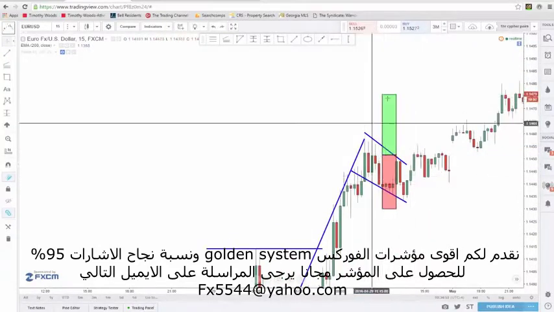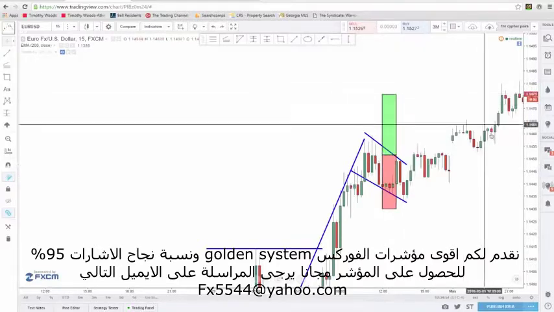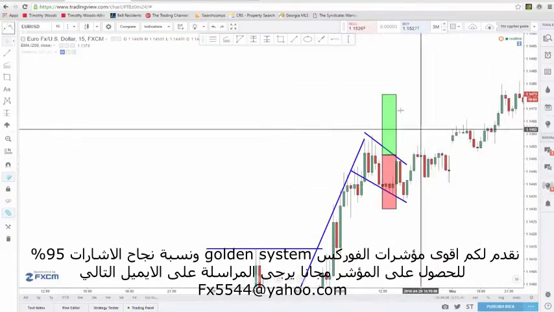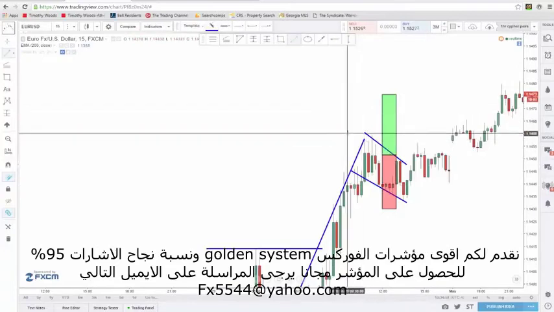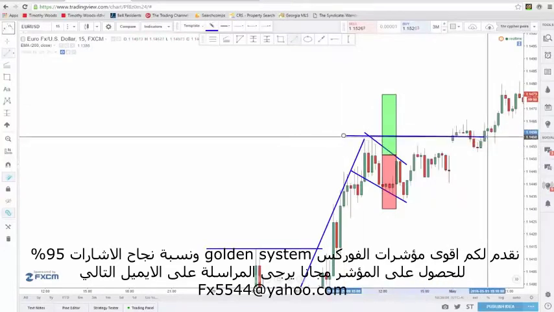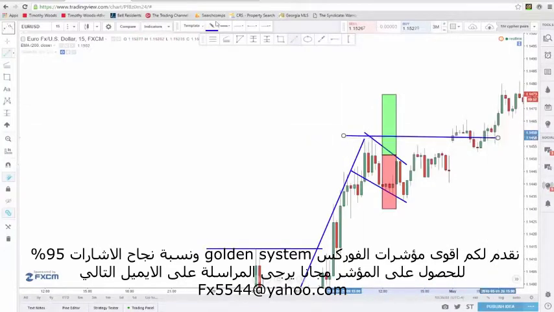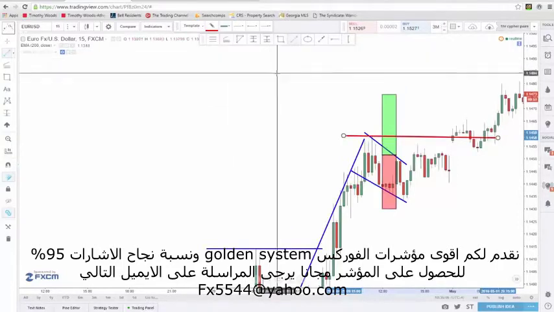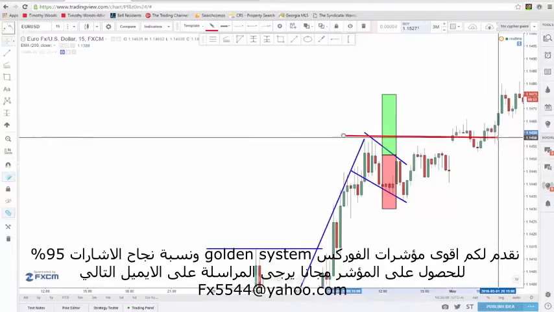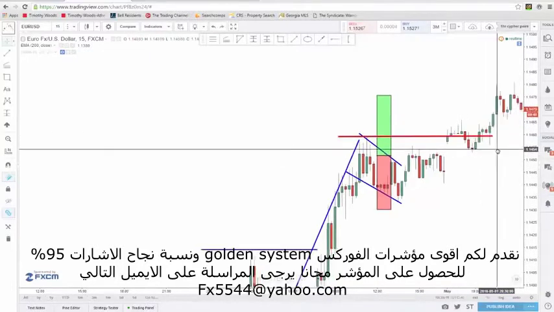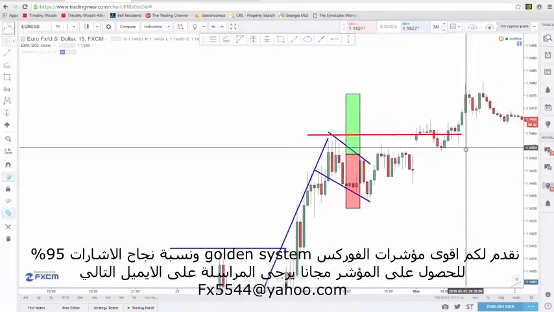Let's assume we're taking a 1-to-1 risk reward, and now we're looking for any other simple pattern because of the break above our previous resistance level. Here was our previous resistance level. We obviously broke above it, so now we wait on any kind of simple pattern.